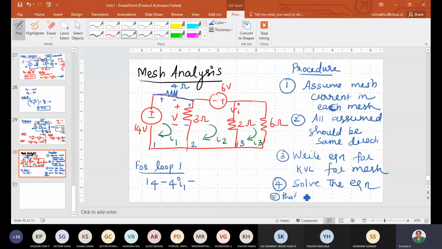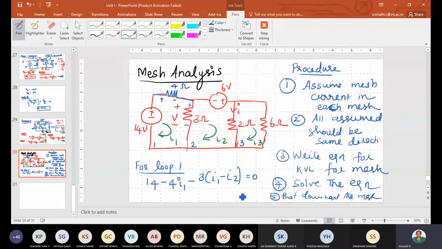So the equation for mesh 1 is 14 minus 4I1 minus 3(I1 minus I2) equals 0. Is it clear?